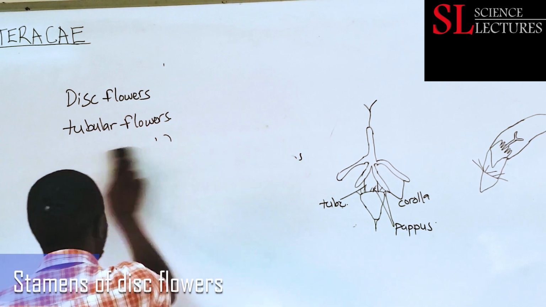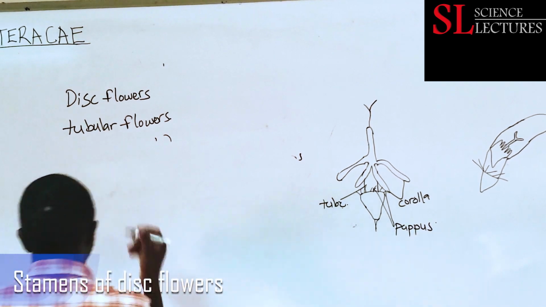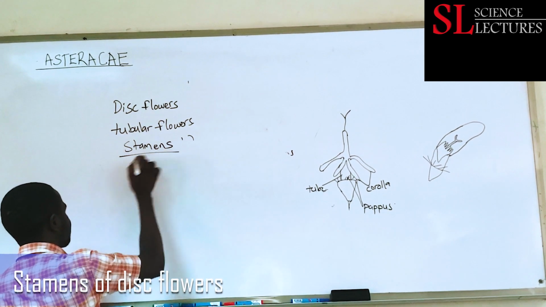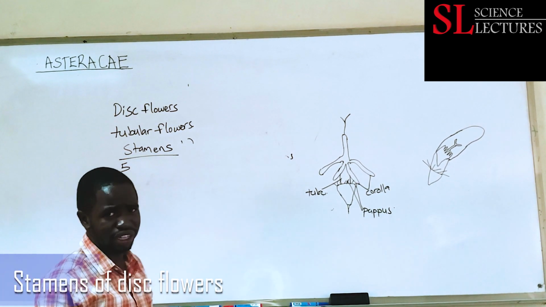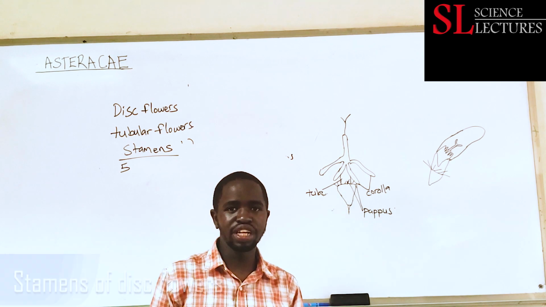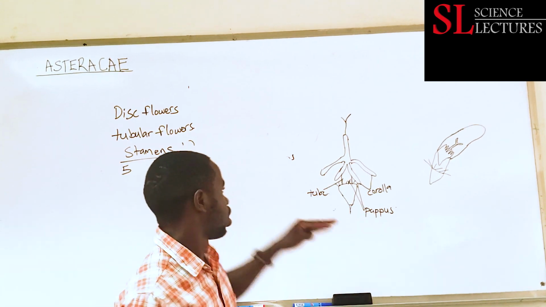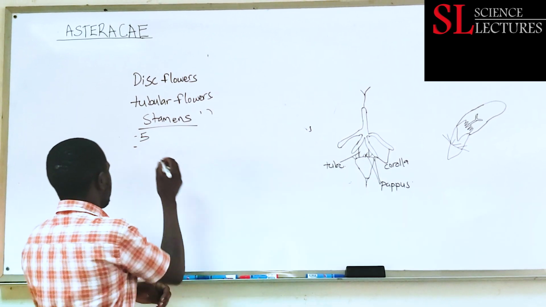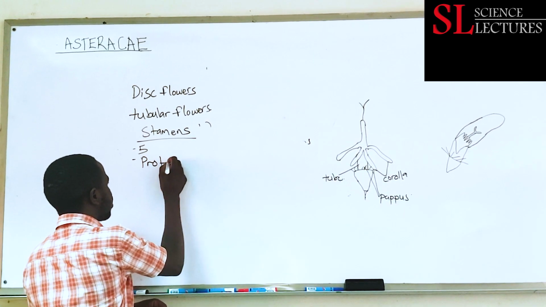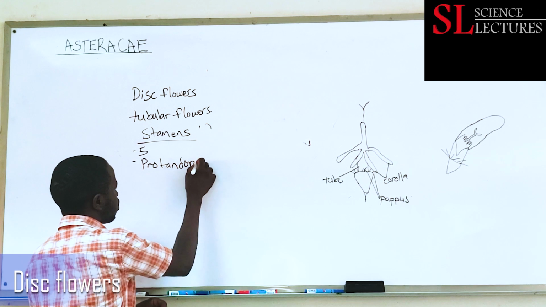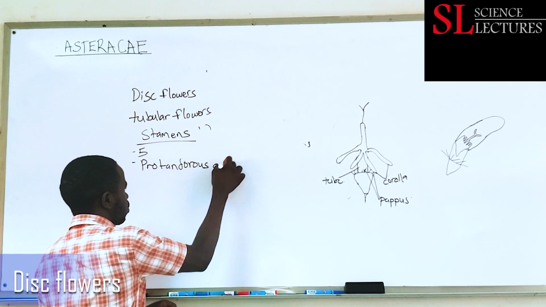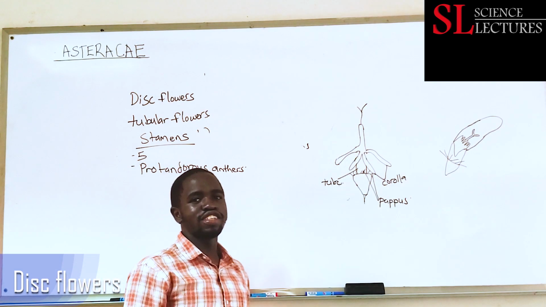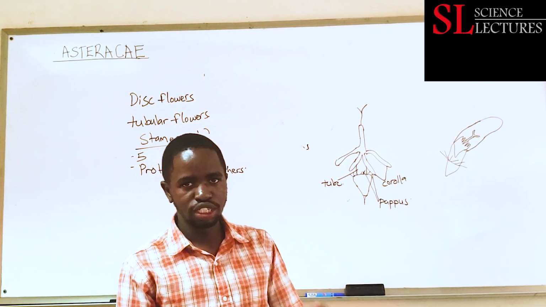So next we look at the stamens. The stamens are usually 5, and their number correlates with the corolla. Then they have protandrous anthers. Protandrous anthers are anthers that develop before the gynoecium develops.